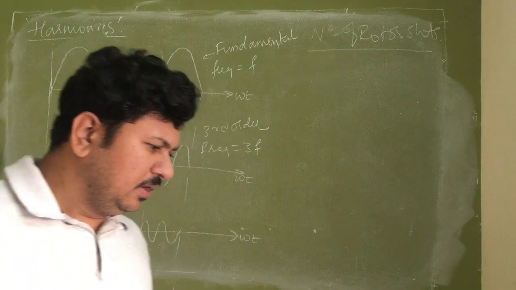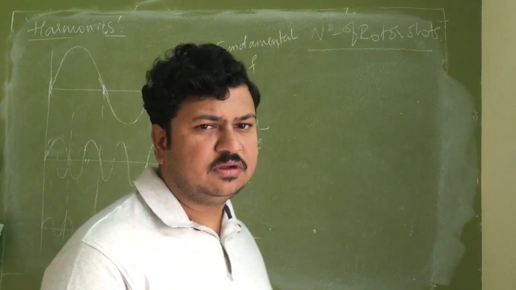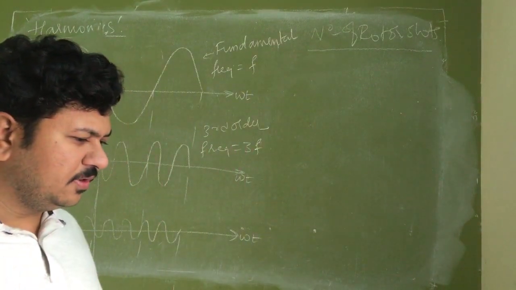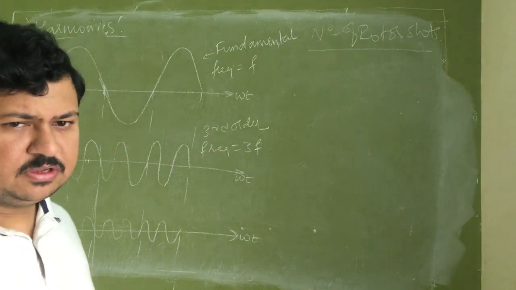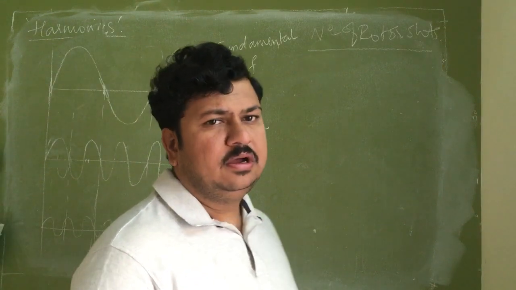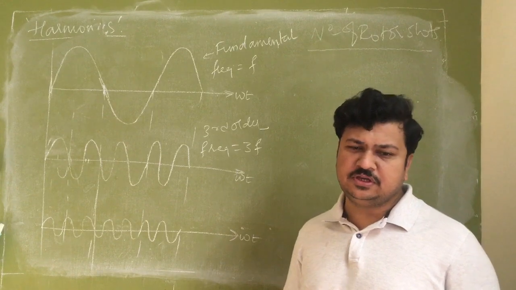It can be because of slotting, in the sense of certain combinations of slots of stator and rotor. It can be because of irregularities in the air gap, or because of saturation. So these are the four reasons due to which undesirable behavior of the rotor is observed in a cage motor.